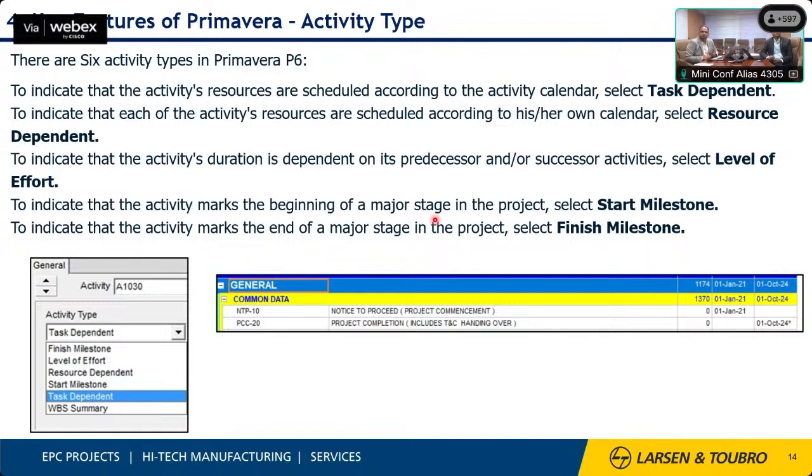But all the activities that depend on the task, which is time and units of resources, use task dependent, and for resource dependent the activity is only dependent on the particular kind of resource which is used for that type of activity.